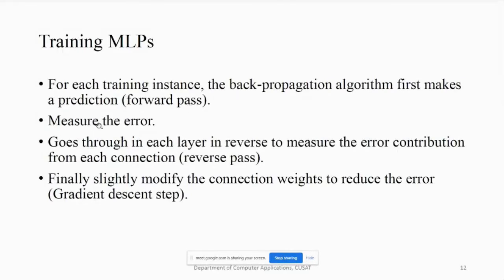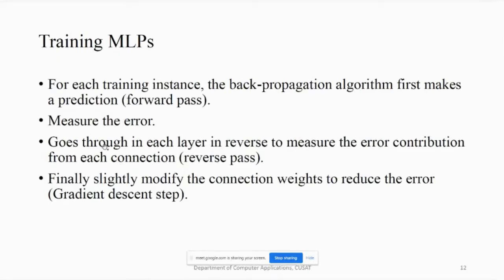Then from that prediction we can measure the error, because the actual value of that particular class is available in our hand, and that is the actual decision. The prediction and the actual decision, and the difference is called the error.